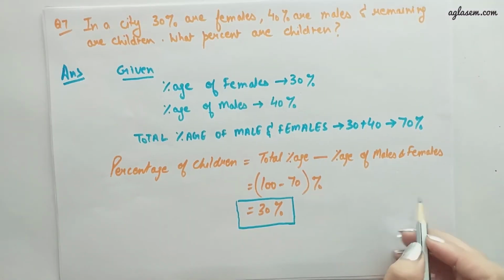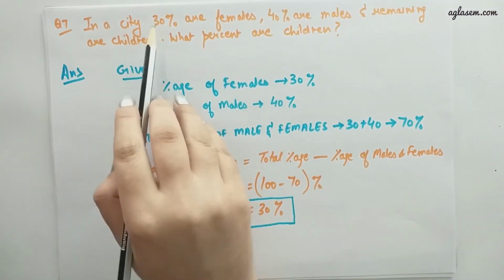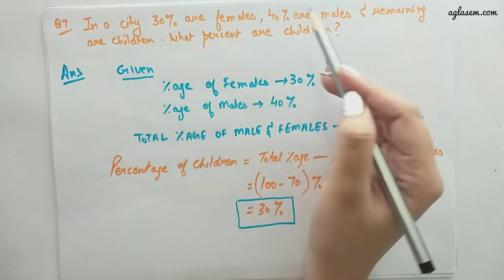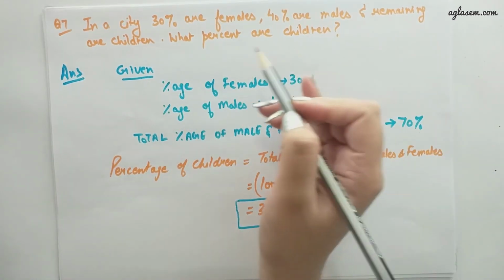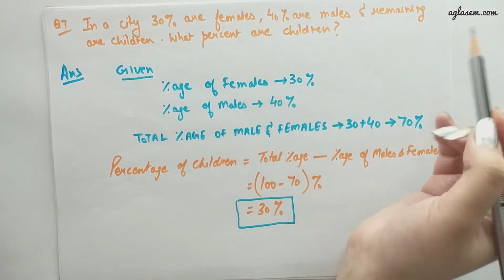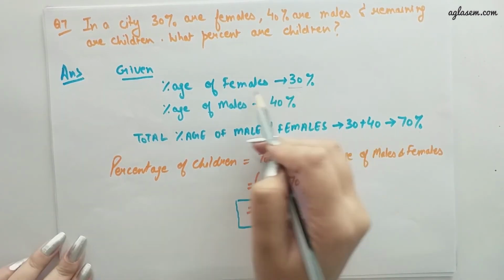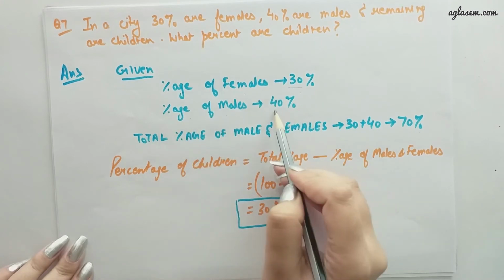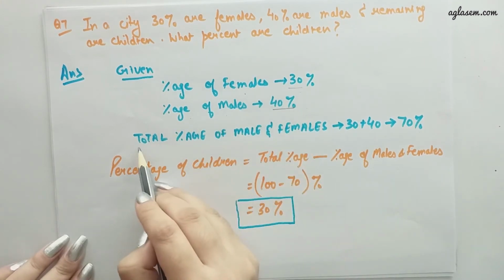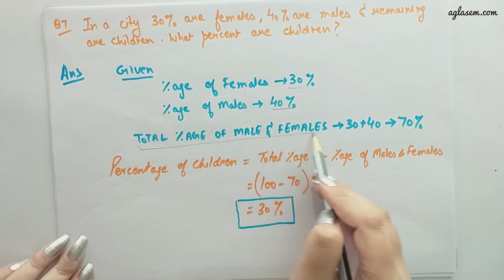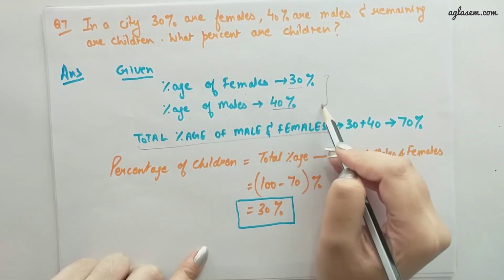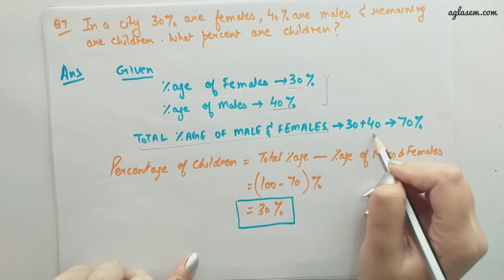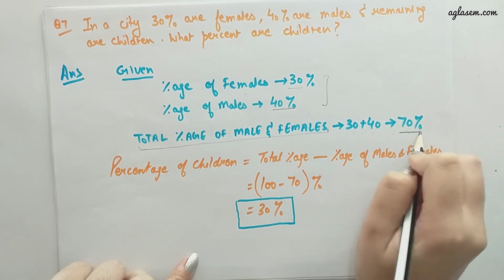So the next question is, in a city 30% are females, 40% are males, and the remaining are children. So what percent are the children? We are given 30% of females, and percent of males is equal to 40%. Now we have to find the total percentage of males and females. So it's very easy, we have to add the both. We'll get 30 plus 40 is equal to 70%.